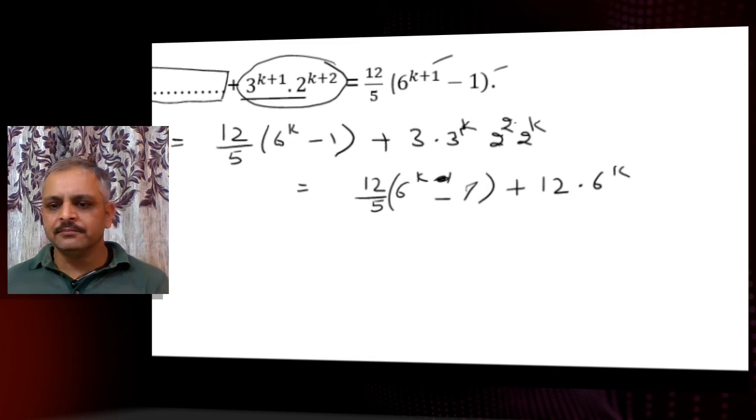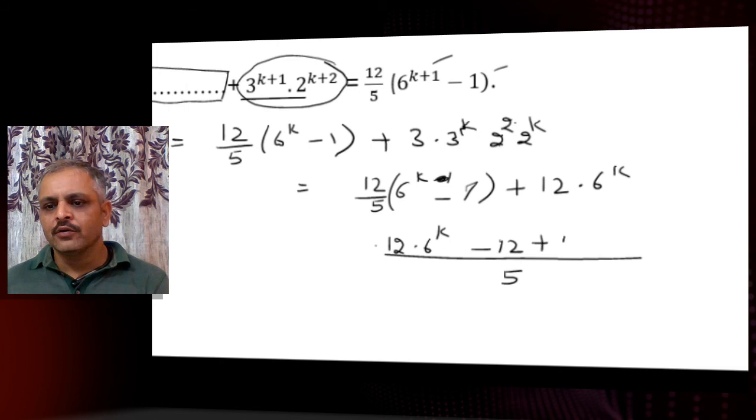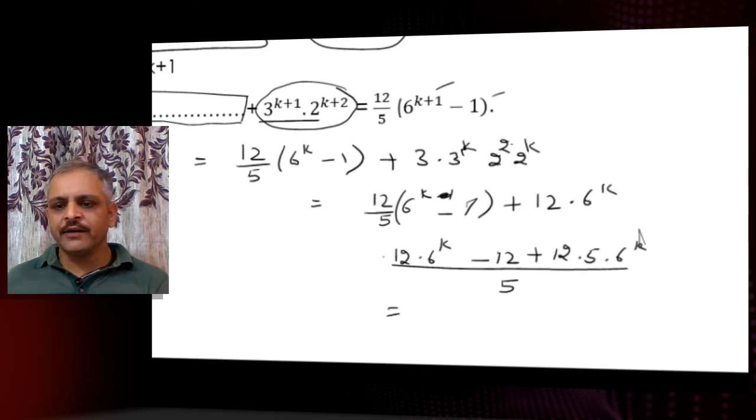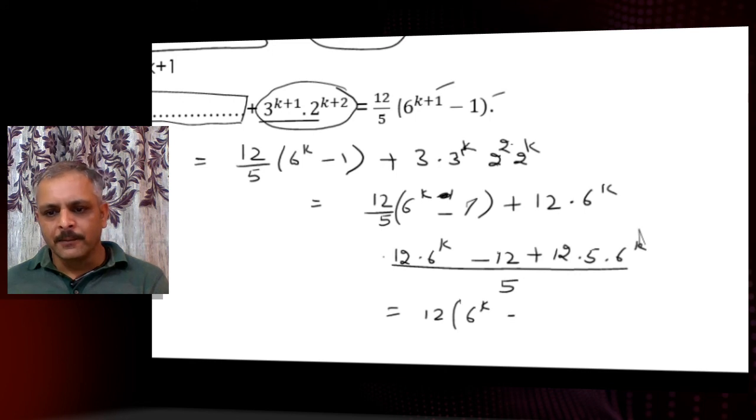Now take the LCM. LCM will be 5. 12 into (6 raised to power k minus 1) plus 12 into 5 into 6 raised to power k. And on simplification, if I take this 12 common from all the terms, it will be 6 raised to power k minus 1 plus 5 into 6 raised to power k.